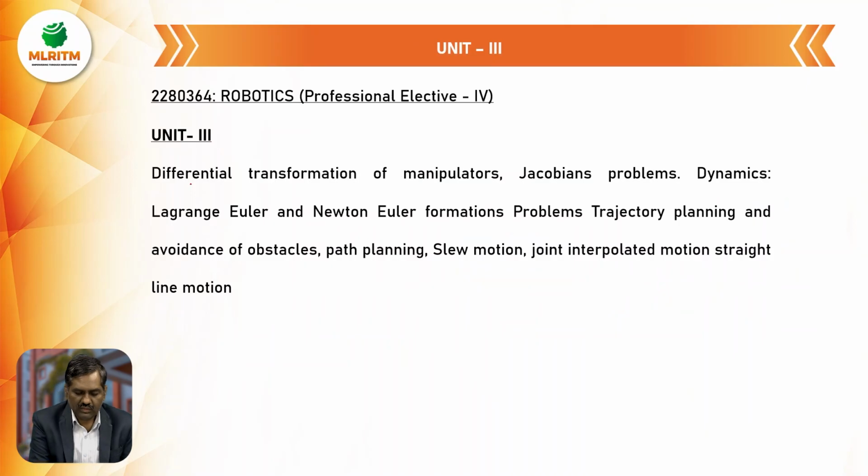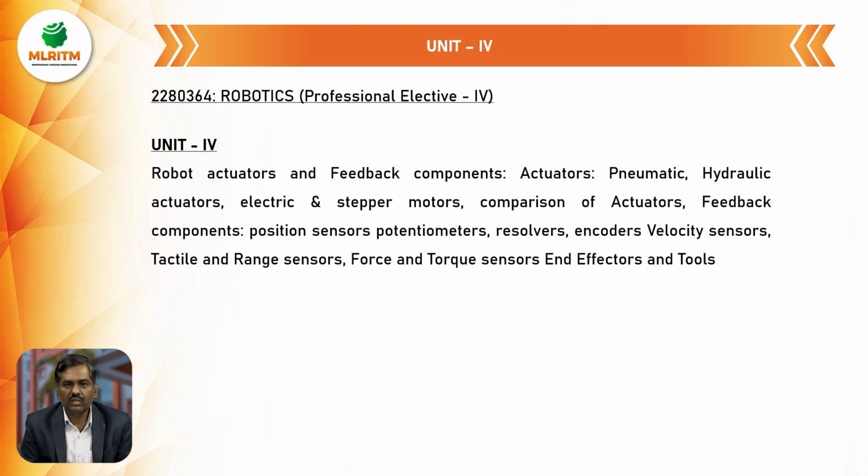Coming to unit 3, we will discuss the differential transformation of manipulators, Jacobian problems, Lagrange-Euler formulations, slew motion, interpolated motion, and straight line motion. In unit 4, we will discuss robotic actuators and feedback components.